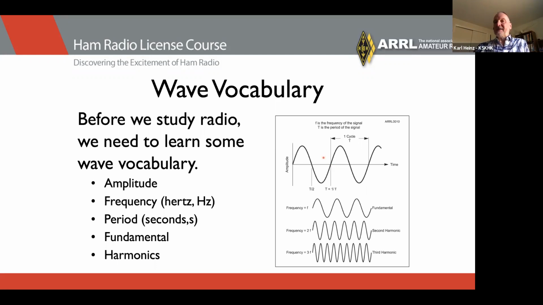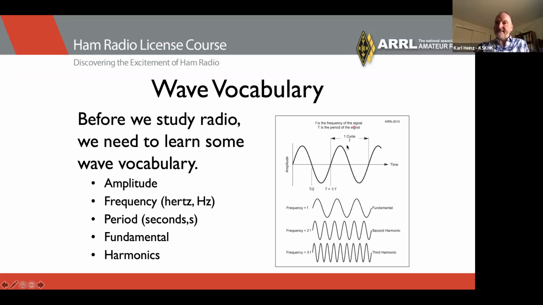With radio waves, it's a little bit faster, and a stopwatch will not do as much good. We are talking about 1 million of these up and down movements within a second. So we need some sort of machinery to measure that. We won't go into any details how we would do that. The important thing is we count how often that wave goes up and down and then returns to the neutral point within 1 second.